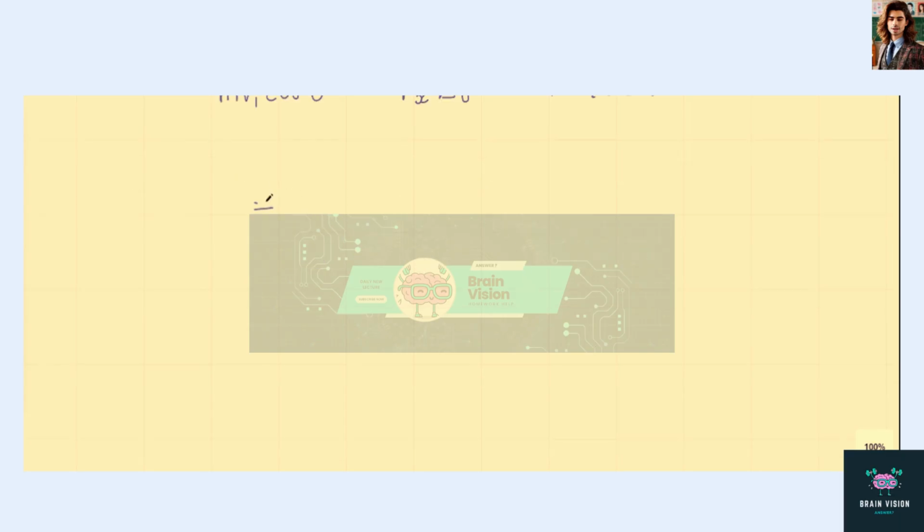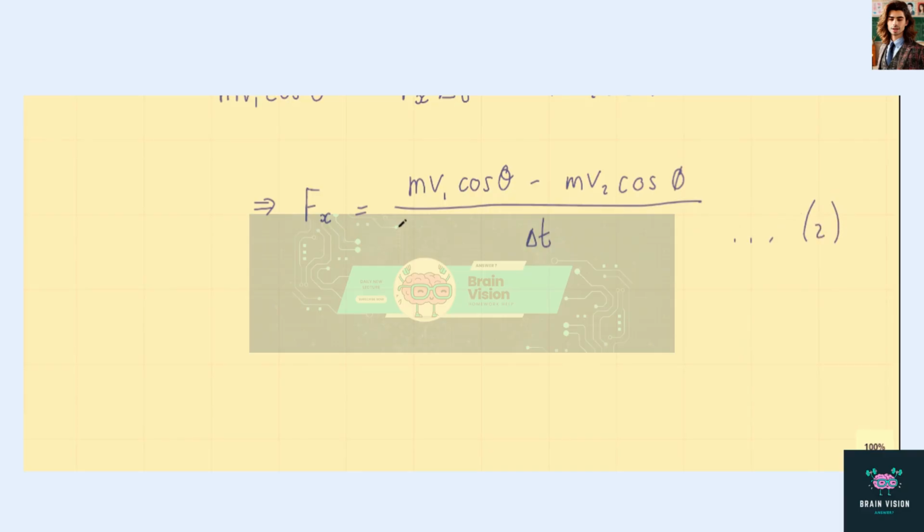So if we rearrange this equation, we can find an expression for this force, Fx, is equal to m v1 cosine theta minus m v2 cosine phi, all divided by the time during which this force is imparted, delta t. And we'll call this equation number 2.